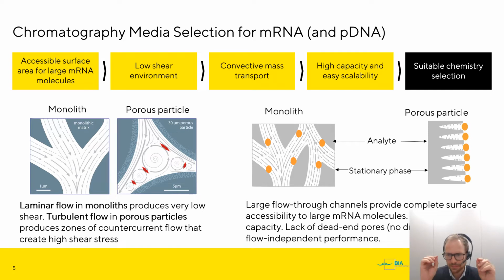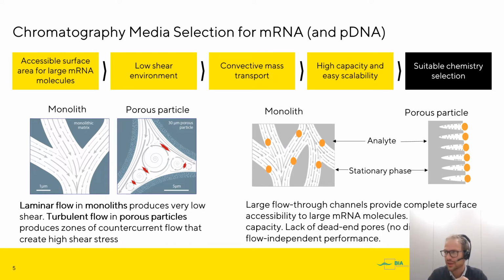But the pores, which were designed to bind very small molecules such as aspirin or middle-range size proteins or even an IgG, are not large enough to actually bind a molecule of the size of mRNA. The pores are simply too small.